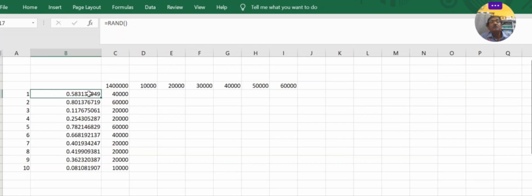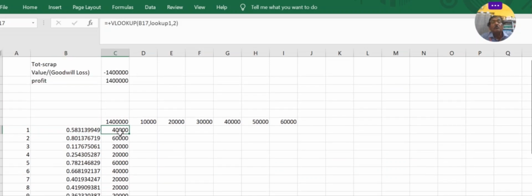Just here in this place you write =RAND and copy it. I am not dragging it, because if you drag again, the figure will change. And on the basis of that, the demand has been automatically computed with the help of the formula.